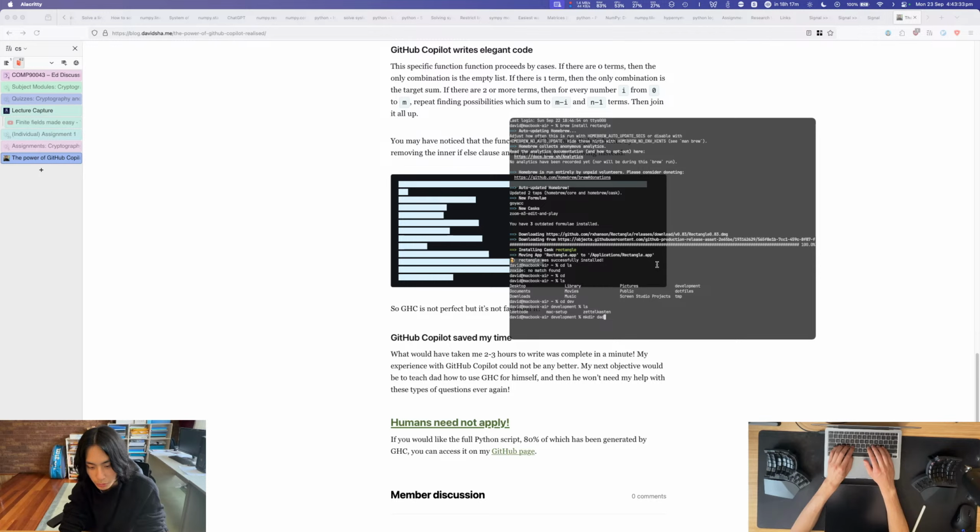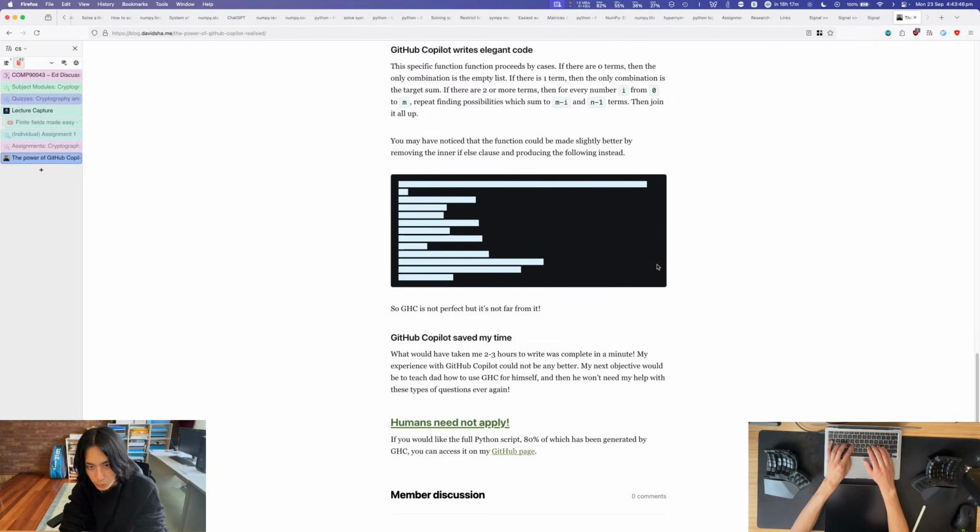I could make it a Git repository real quick. Full of what though? What are we doing?